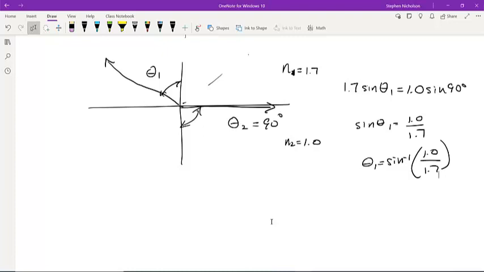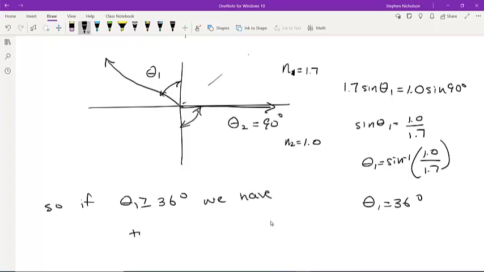And I've still got my calculator in degrees. So I come up with theta 1 equals 36 degrees. So if theta 1 is greater than or equal to 36 degrees, we have total internal reflection.